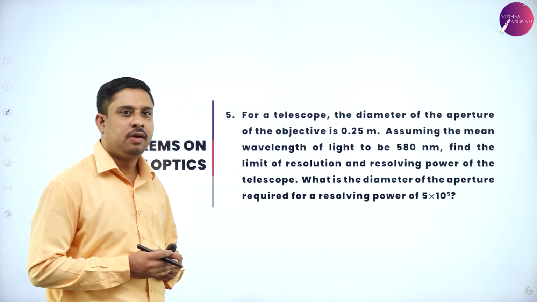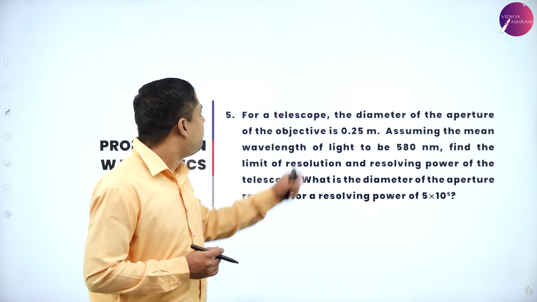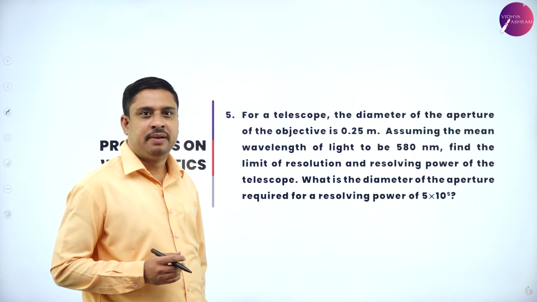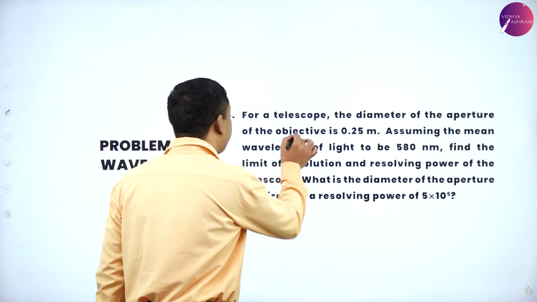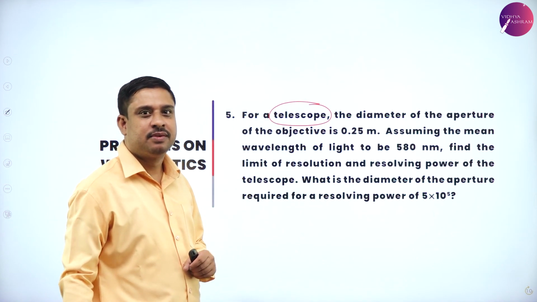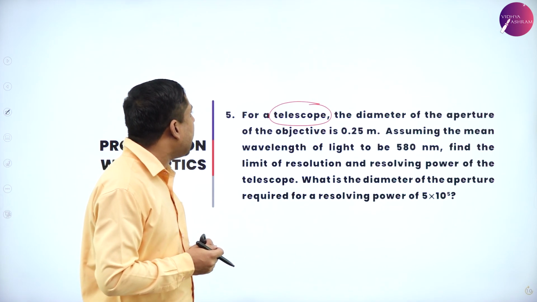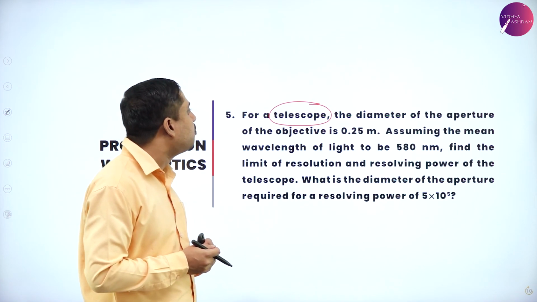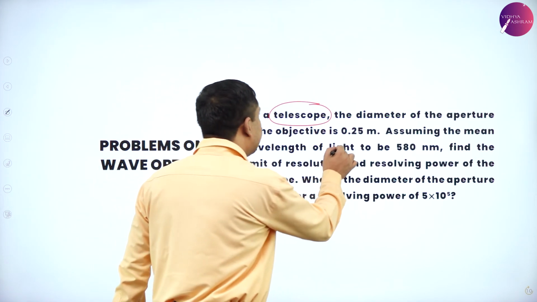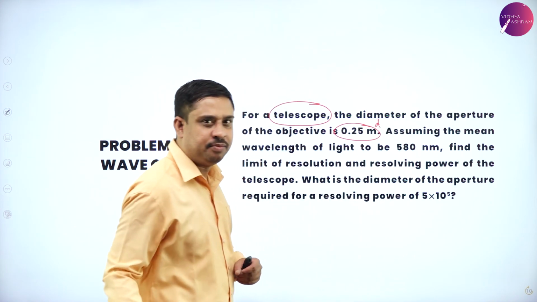The next one. This is an assignment for you all. For a telescope, now it is a telescope, not a microscope. The diameter of the objective is 0.25 meter, small d.